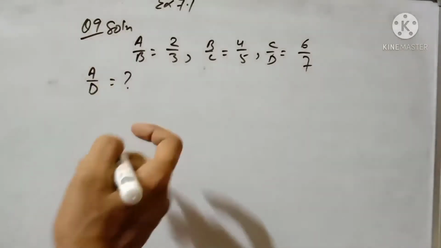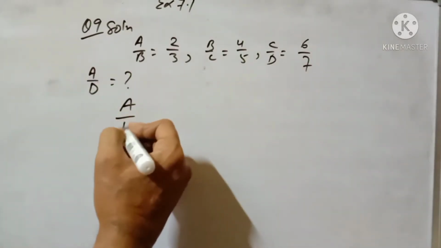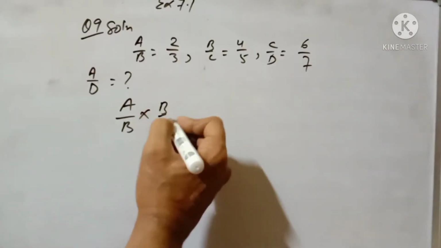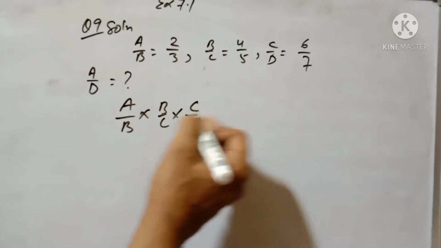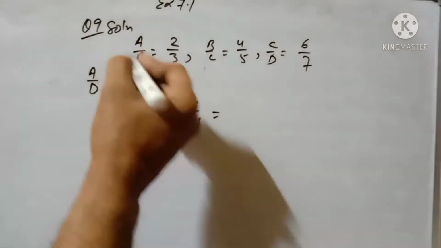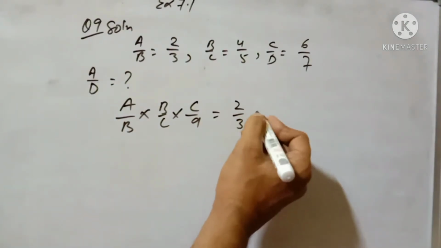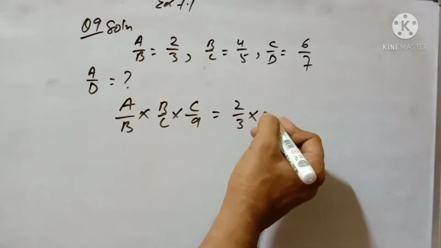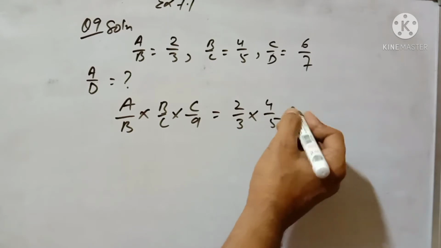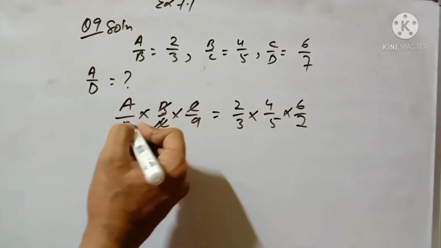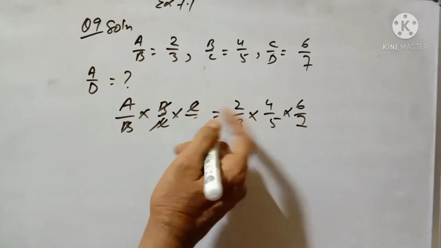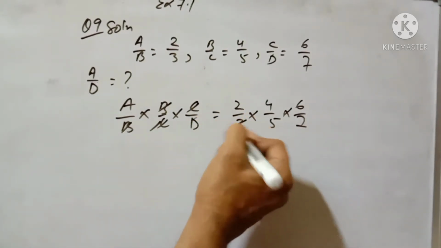So terms are given like this, so I can write A/B into B/C into C/D equal to A/D. This term I can write 2/3 into 4/5 into 6/7. This term cancels, this term cancels.